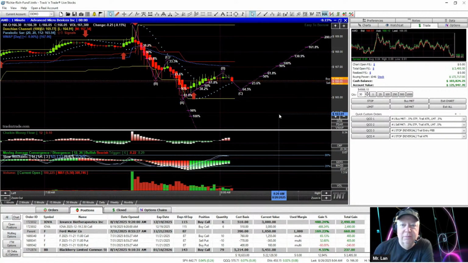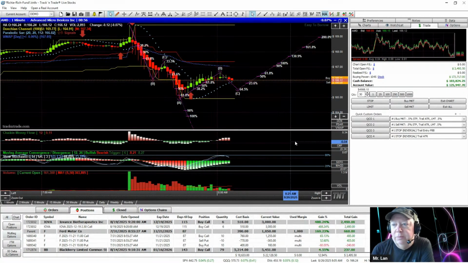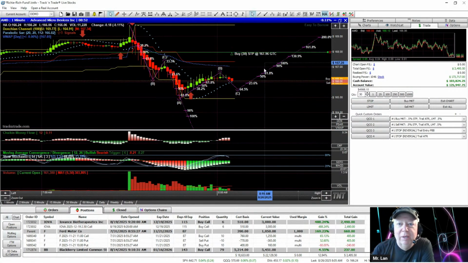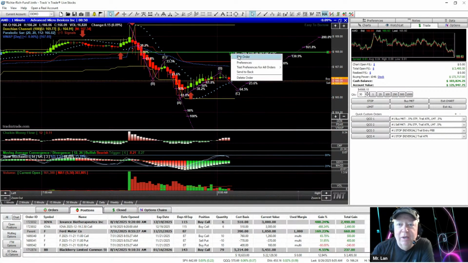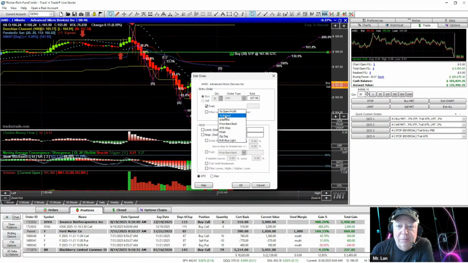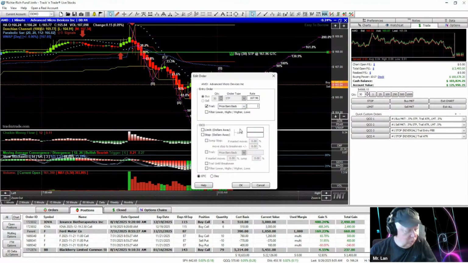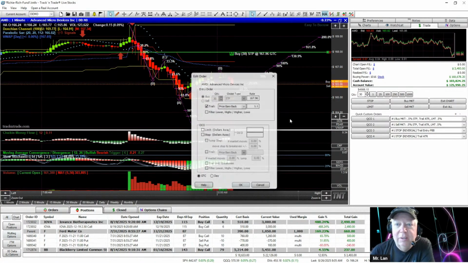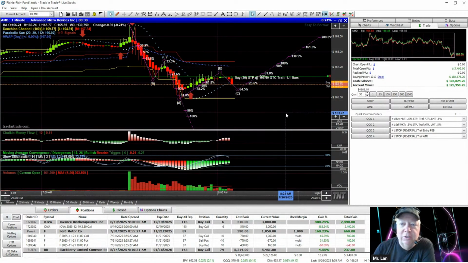There we go. Now what we're going to do, we got our 30 shares, and we're going to come in here and drop it way up here above the market. We're going to program it. We're going to see if it'll trail. So we're going to trail the price bars back, and we're just going to trail 1.1. I don't know if this does 1.1. That's kind of a trick we do in the futures market.